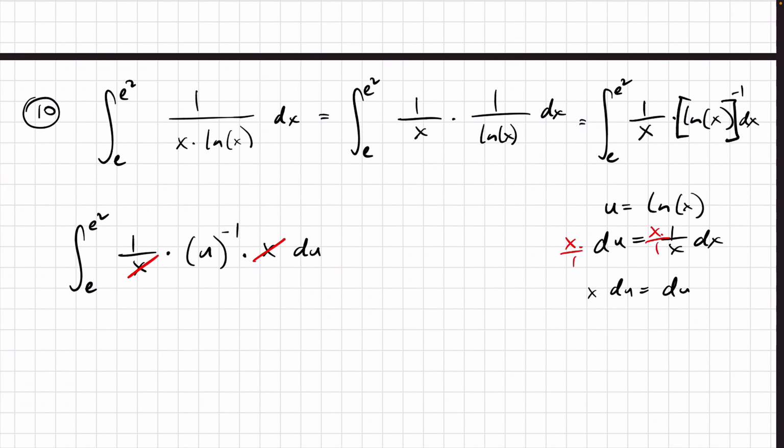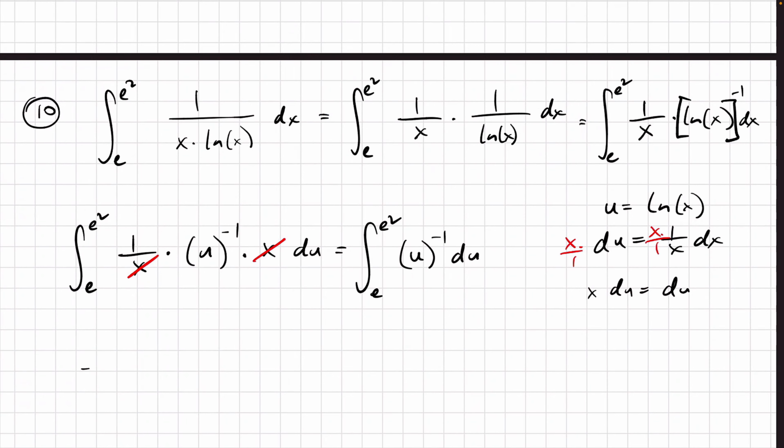Now, later on, we're going to have a negative 1 where you're going to have a natural log of a natural log. That stuff, you won't see a lot. But most of the problems, if you can get here, I'm okay with it. So let's keep going to see what we got. So we get u to the negative 1 du, right? This is where we're going to have natural log.